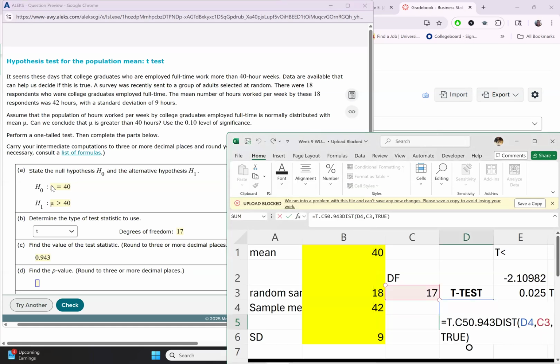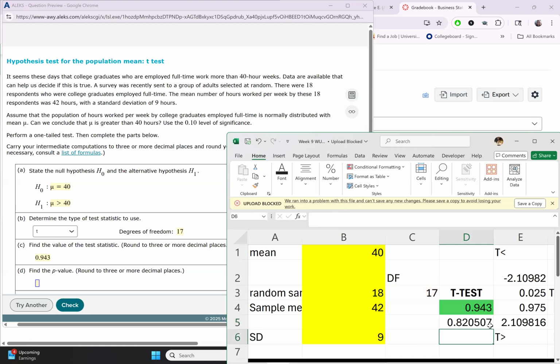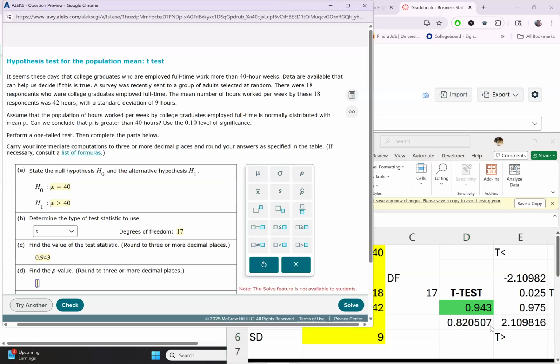That's where this number comes in. It's going to be 0.820507.